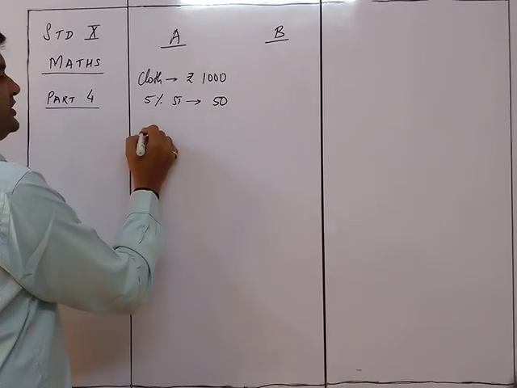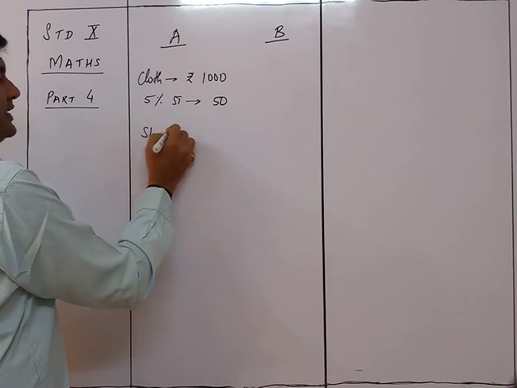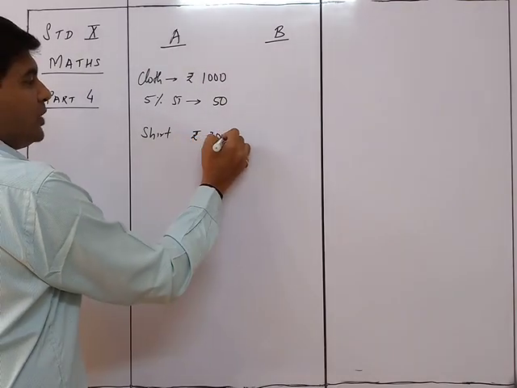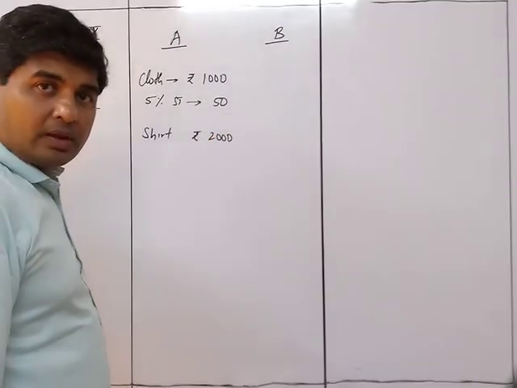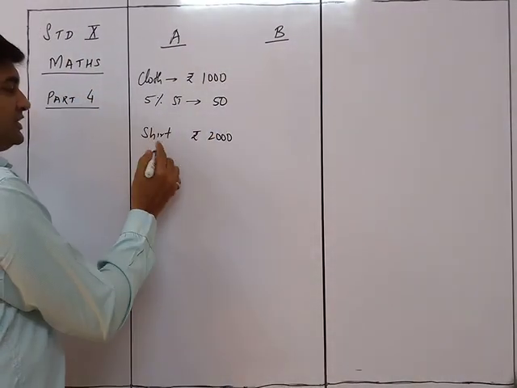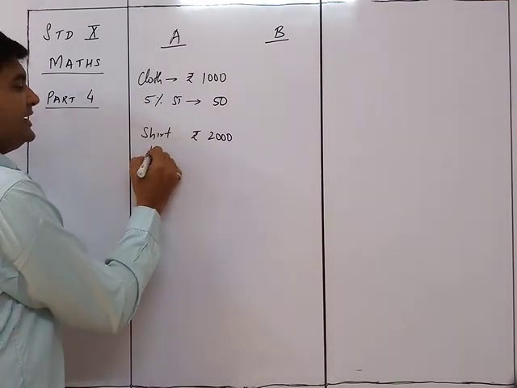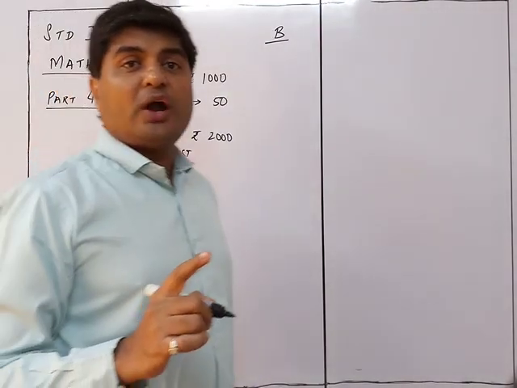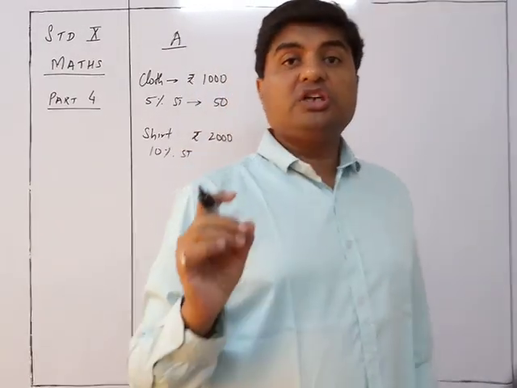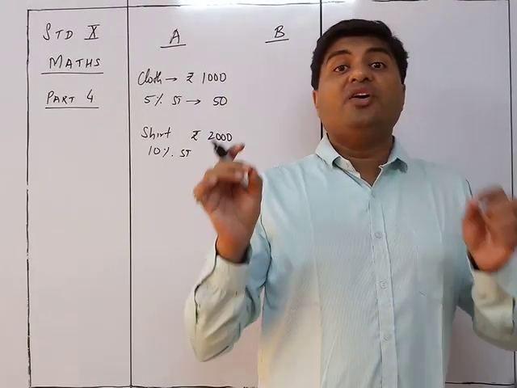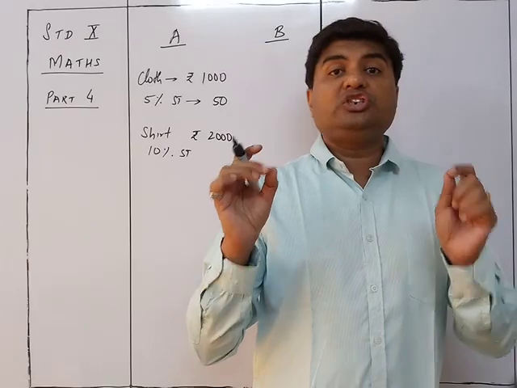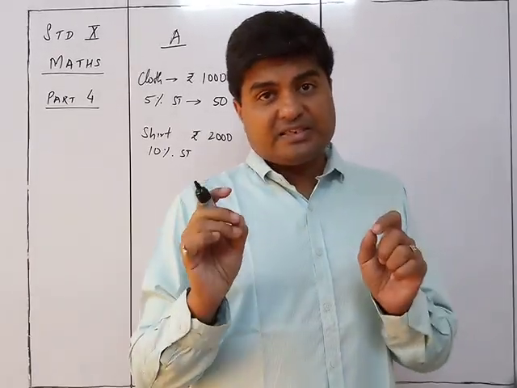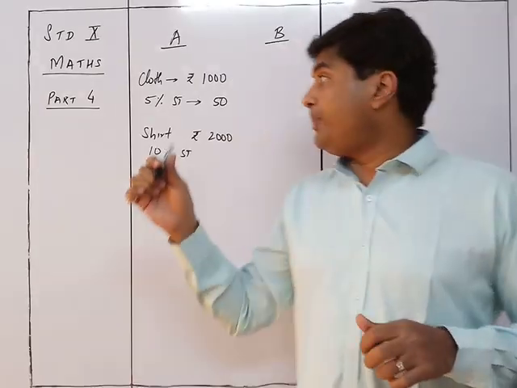And then he is going to sell a shirt. The cloth is converted into a shirt and he sells the shirt at rupees 2000. And suppose the tax of the shirt is 10%, because now the shirt is not a simple cloth. The shirt now is a finished product, which may have a different sales tax rate as compared to the cloth.